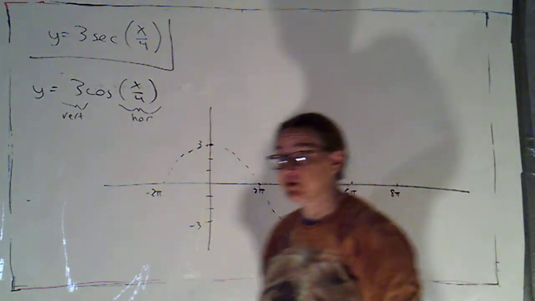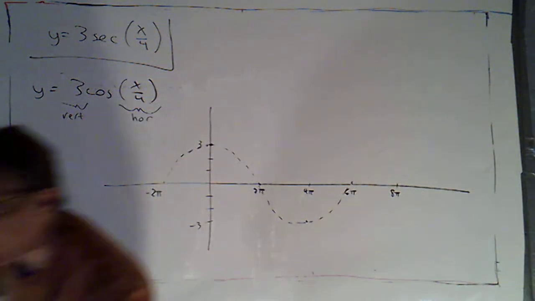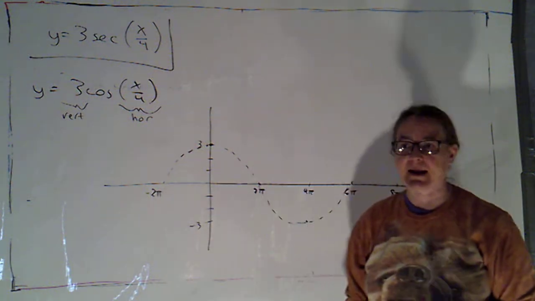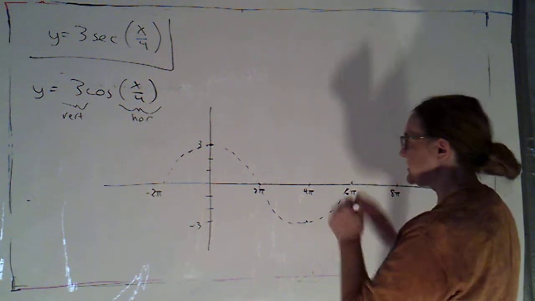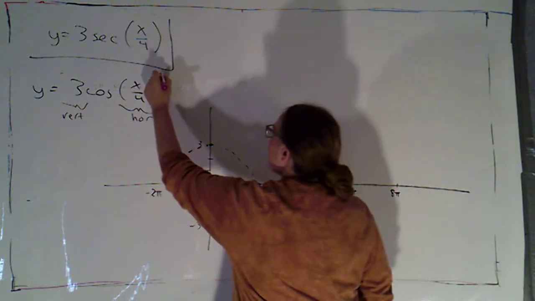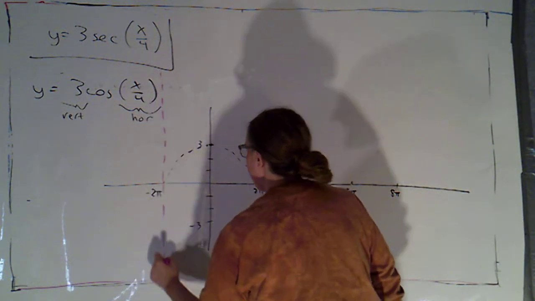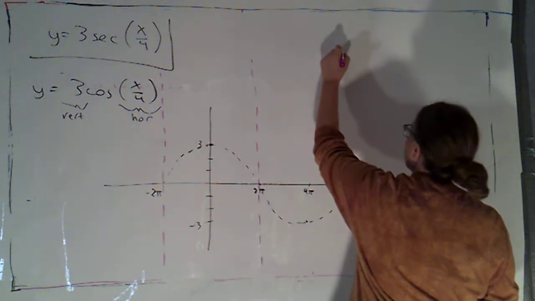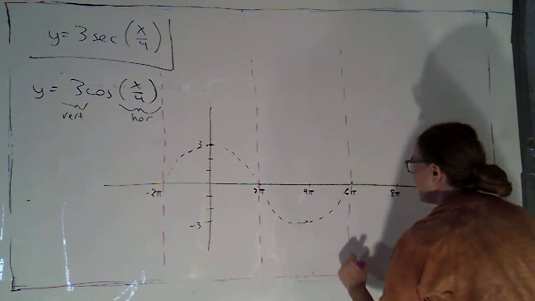If I were actually drawing cosine and that was my goal, I would of course have arrows attached to indicate that it keeps going. When it's just my helper curve, it's okay to just draw the number of periods that I need. So now I can draw in my asymptotes, which occur wherever this cosine graph is equal to 0.